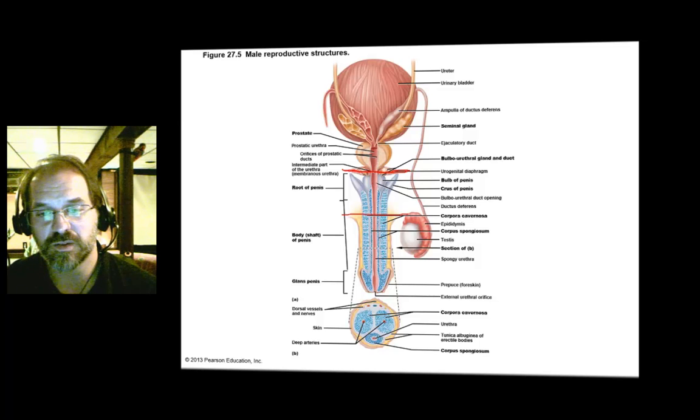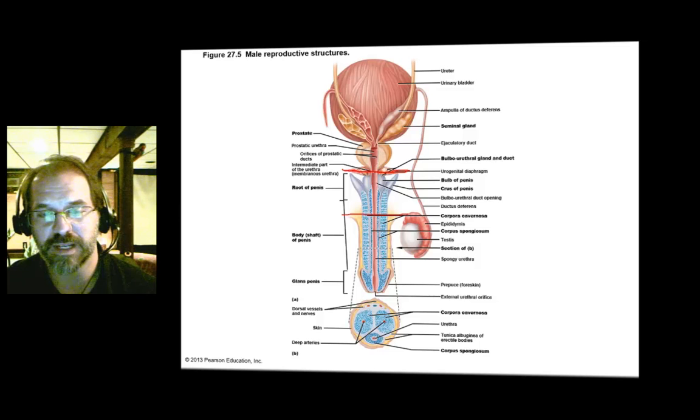The two paired corpora cavernosa are on the dorsal surface, and they're the main erectile tissues. And then, as we mentioned, the corpus spongiosum is the central part, whose job it is to keep the urethra open. The corpus spongiosum has a bulb, and the two corpora cavernosa have a tail-like structure called a crus.